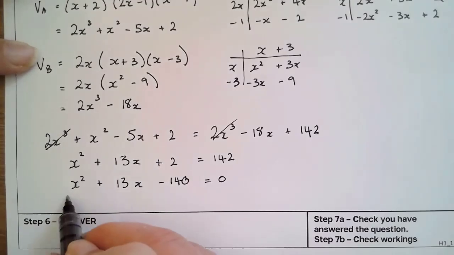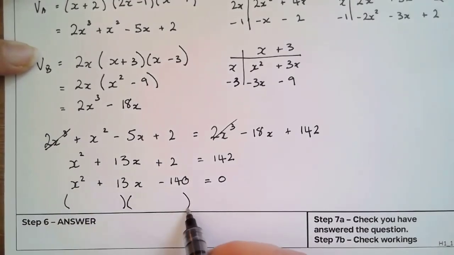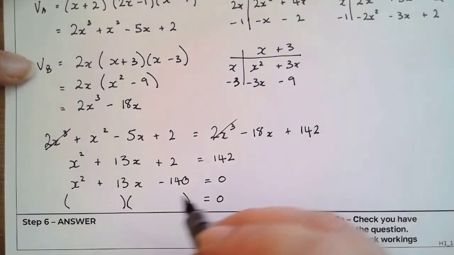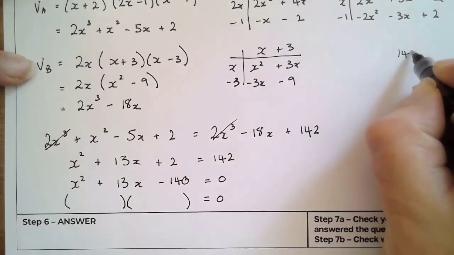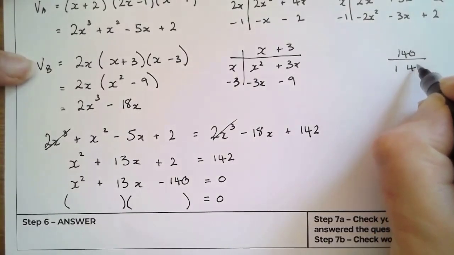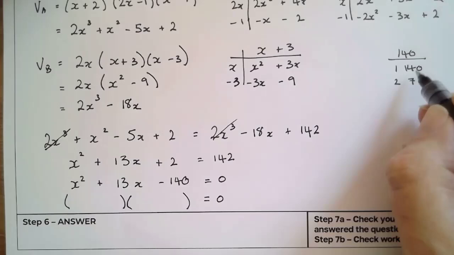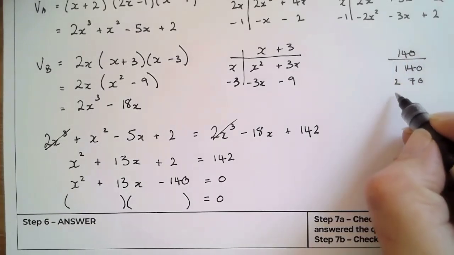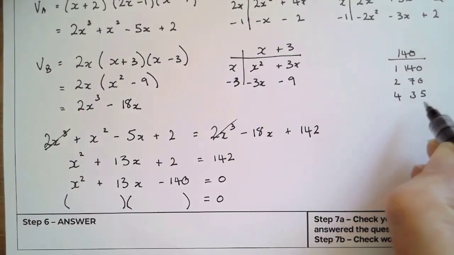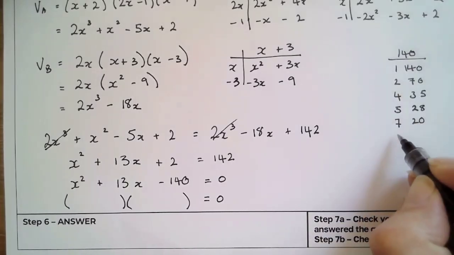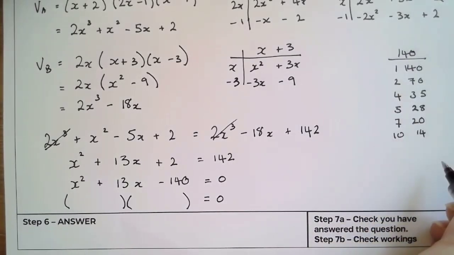I'm going to factorize it. Factorize means put into brackets, because once I've done this, I can then solve it. 140. Do I know all my factors of 140? No 3's, because 1 plus 4 plus 0 is not in the 3 times table. I think that's all of them.